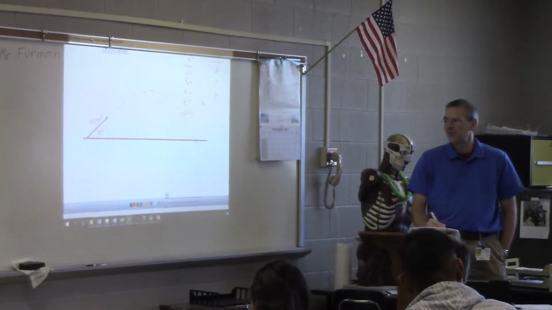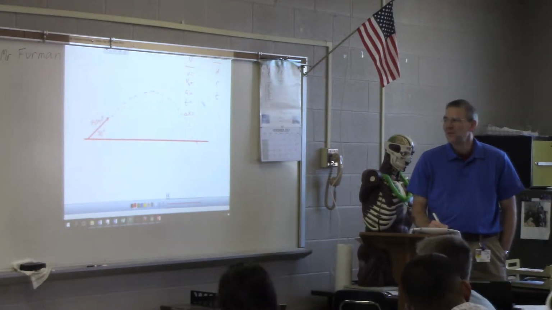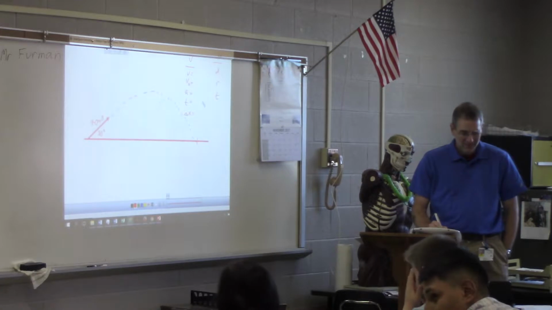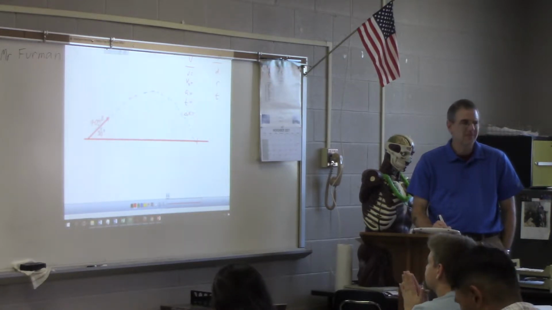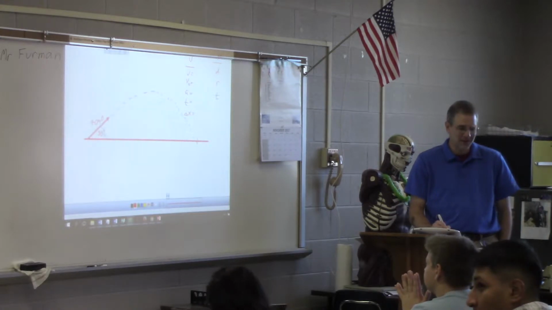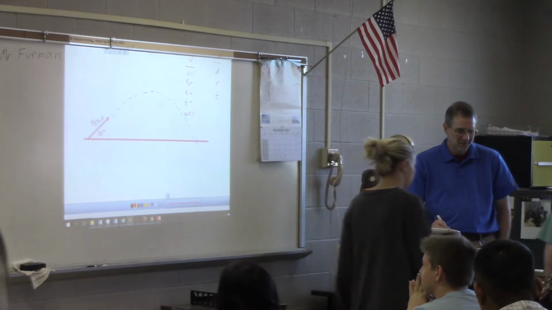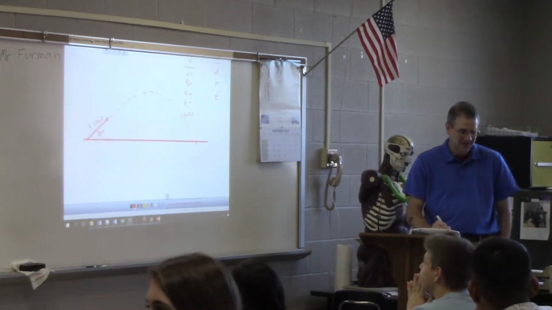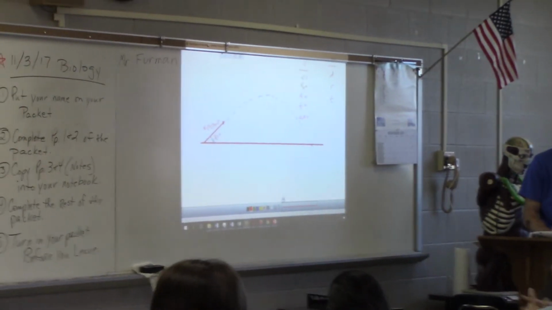So you're given a problem where a cannon fires a cannonball at a muzzle velocity of 40 meters per second. Would you rather make it 400 meters per second?